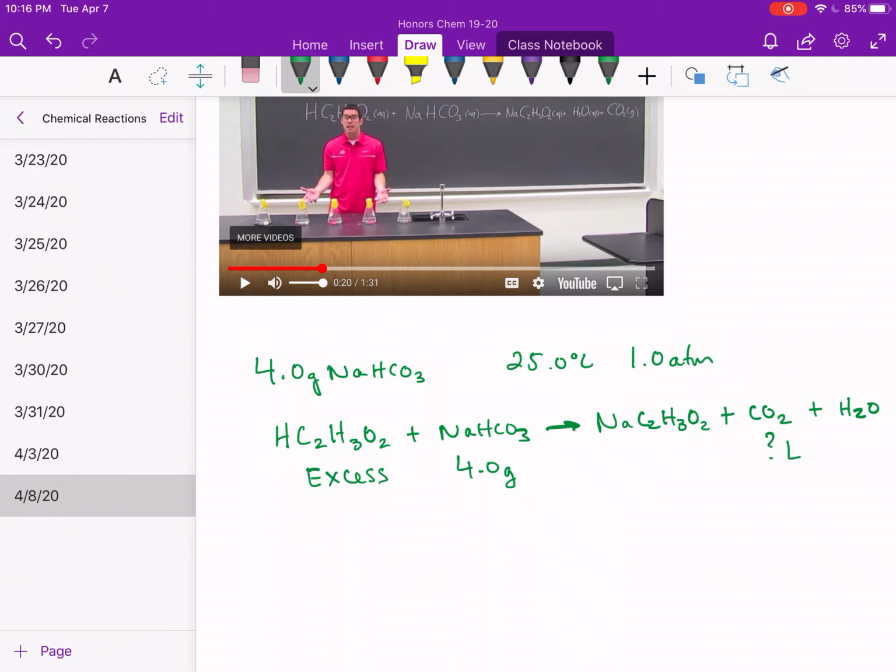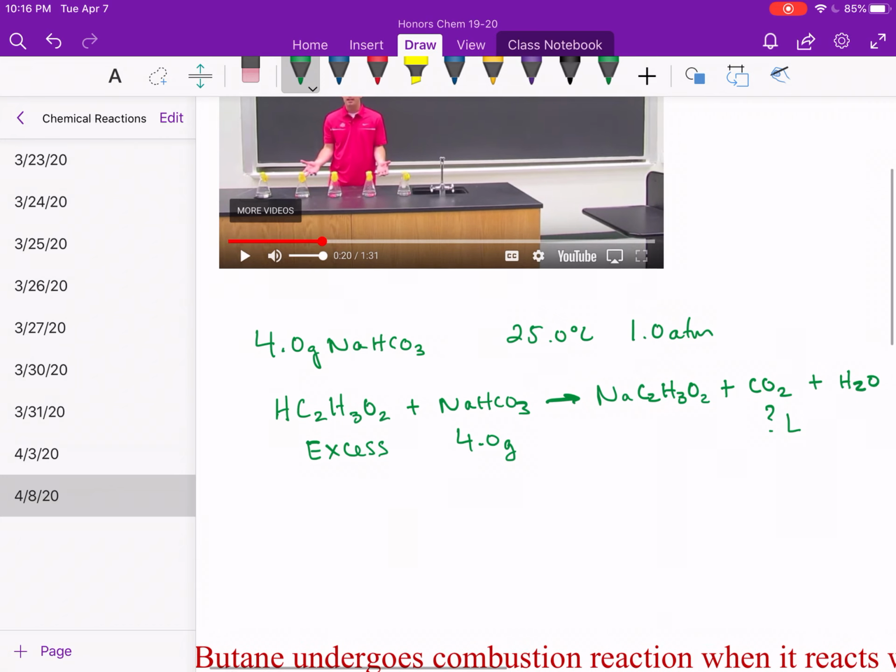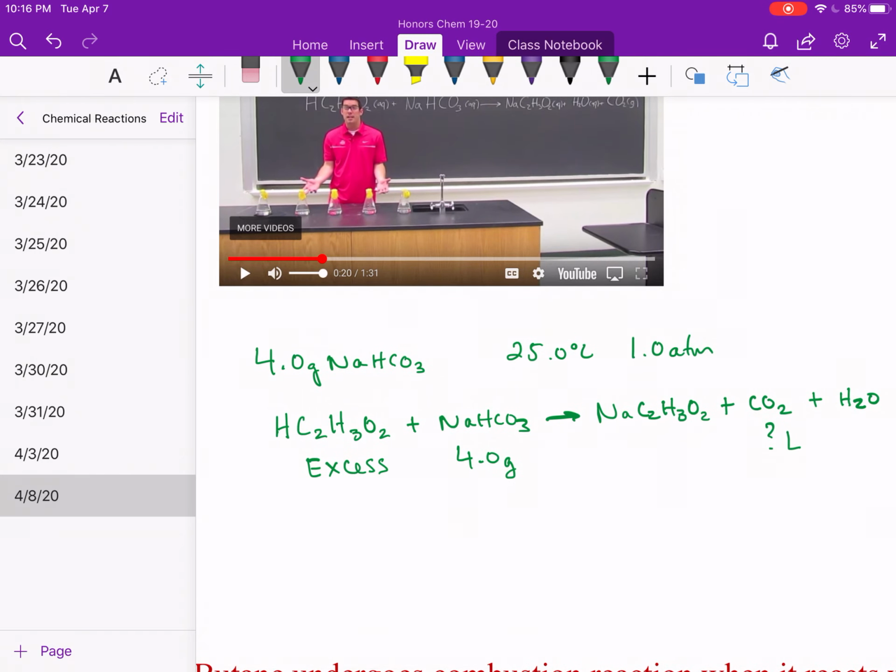So how do we do this? Well, the first thing we have to do is start with our 4.0 grams of NaHCO3, and we know we're going to convert that into moles. So for every 1 mole, we have 84.01 grams, and we get 0.0476 moles of NaHCO3.